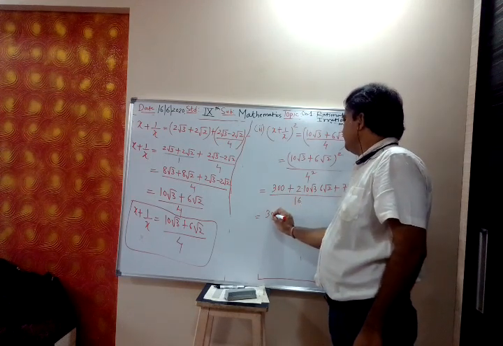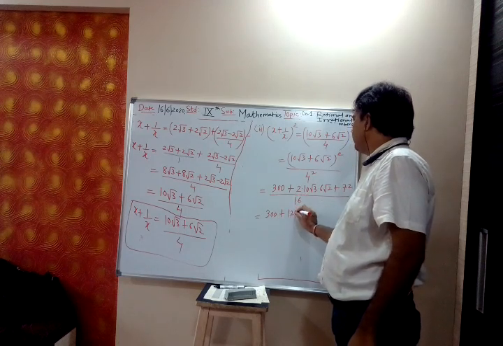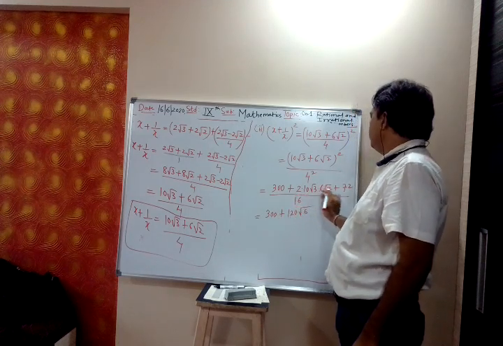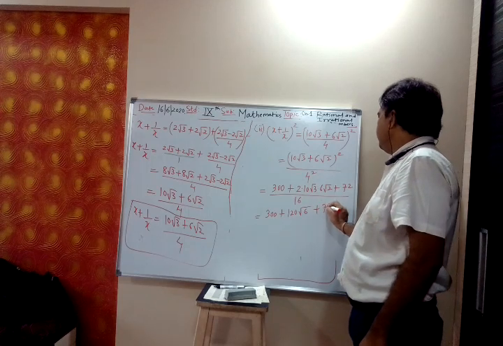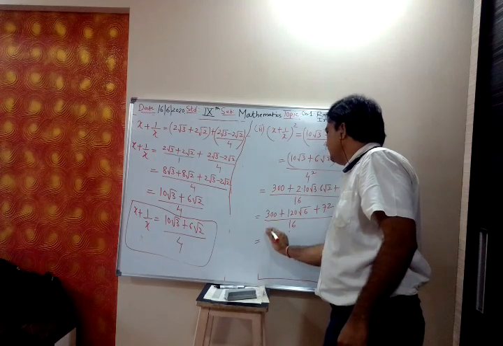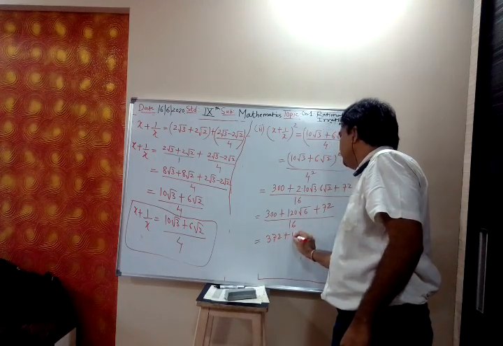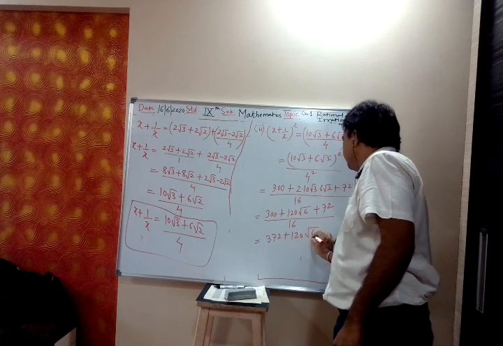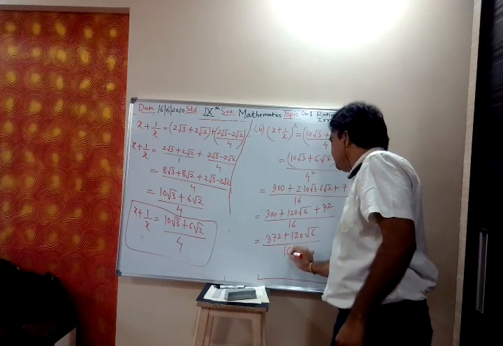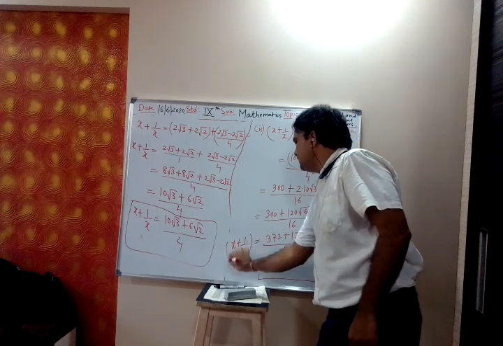So 300 plus 2 into 10, 20, is 120 root 6, root 3 into root 2 is root 6, plus 72 upon 16. Now I can add 300 plus 72, 372 plus 120 root 6 upon 16. This is the answer, x plus 1 upon x whole square.